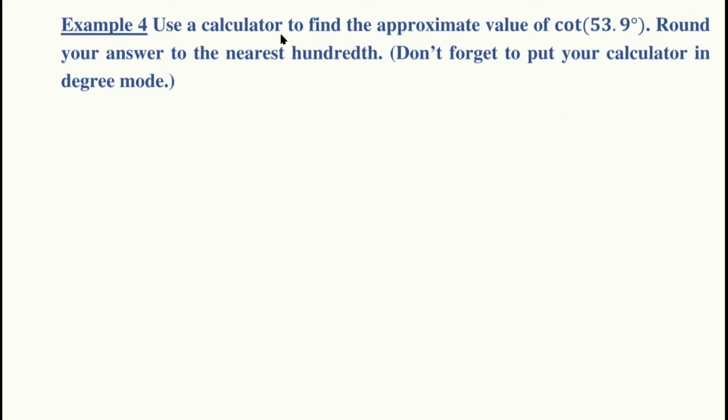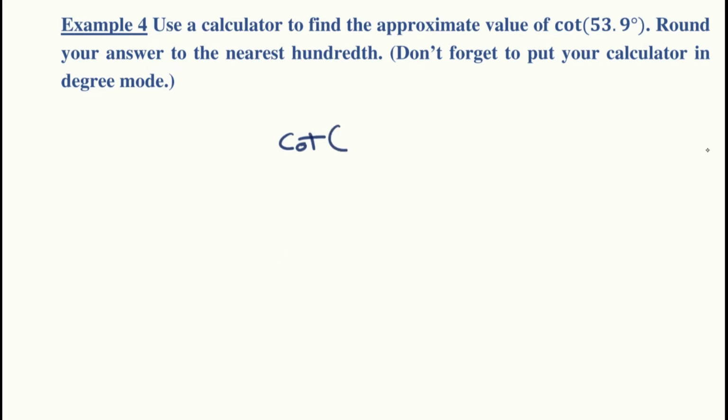For the next problem, we're going to use a calculator to find the approximate value of the cotangent of a 53.9 degree angle. And again, we have the same situation where this function is not directly on most calculators, pretty much on all calculators. So what we're going to do is a little bit of algebra first.